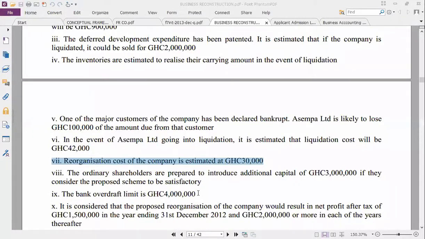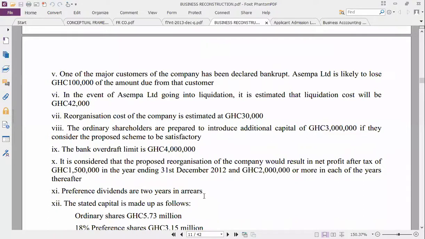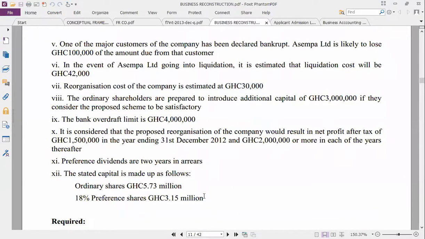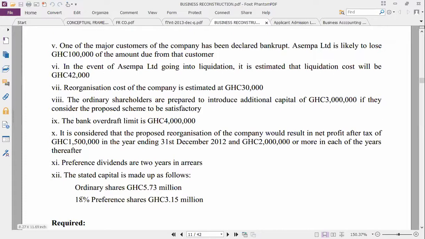Do you have preference dividend in arrears? We check the last footnotes, or last but one, in 2 years in arrears. And we've already calculated this from step 1. So let's pick it from there. Good. You pick the 18% on 3.15 million, and then you multiply by 2 years because that's the preference dividend. It's in arrears for how many years? 2. And then you are done. So take note of that.